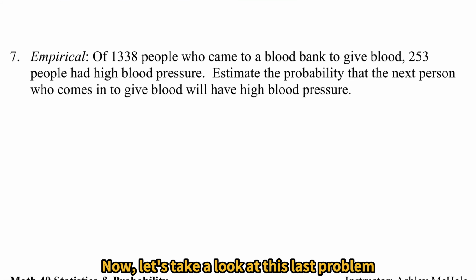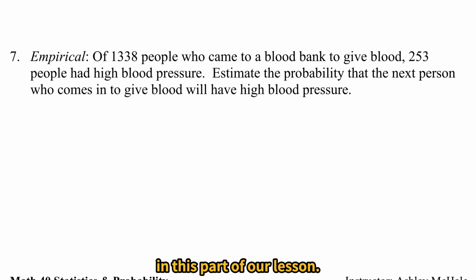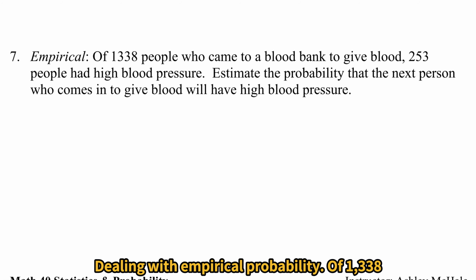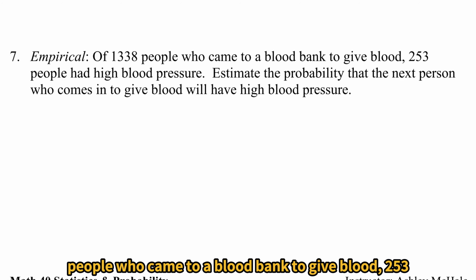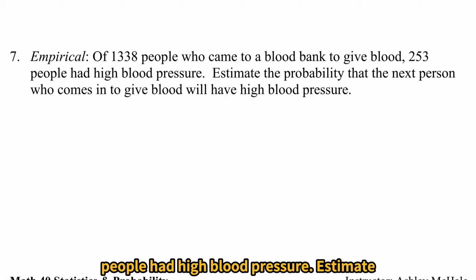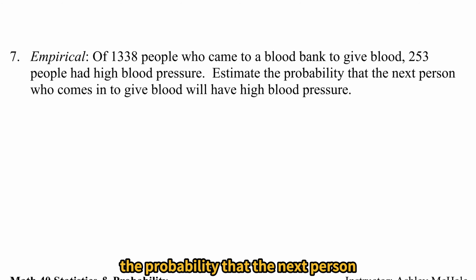And now let's take a look at this last problem in this part of our lesson, dealing with the empirical probability. Of 1,338 people who came to a blood bank to give blood, 253 people had high blood pressure. Estimate the probability that the next person who comes in to give blood will have high blood pressure.